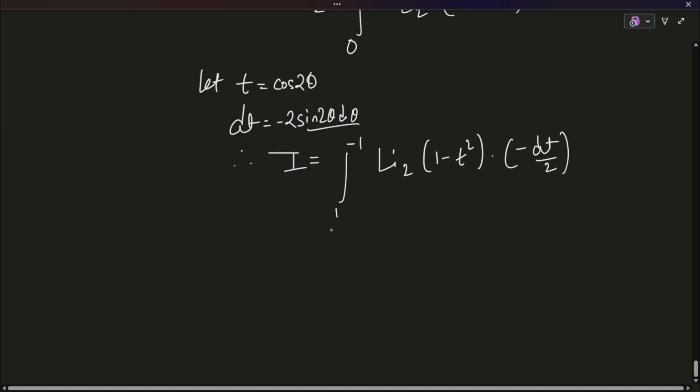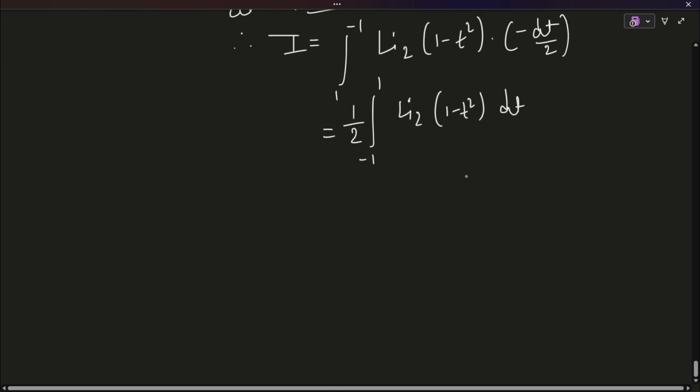And therefore, what we can write is, absorb the minus in the limits and you get integral from minus 1 to 1 of half Li2 of 1 minus t square, which is a much better form than we had expected earlier, correct? Okay, so we have this form now.